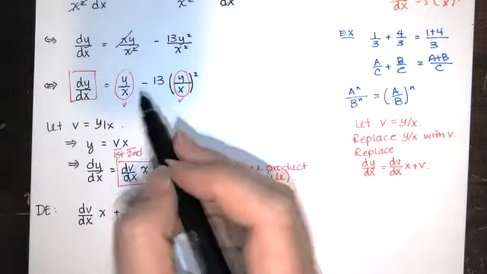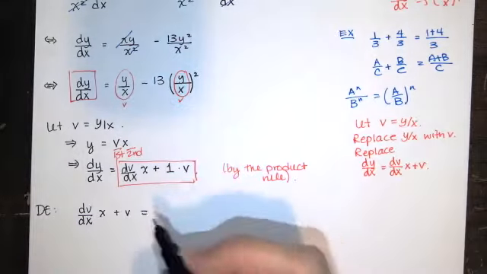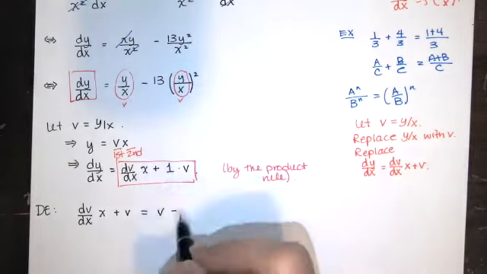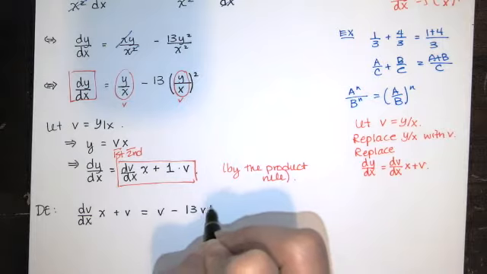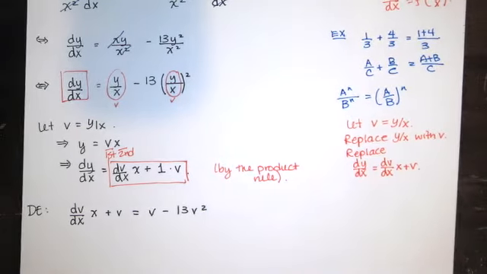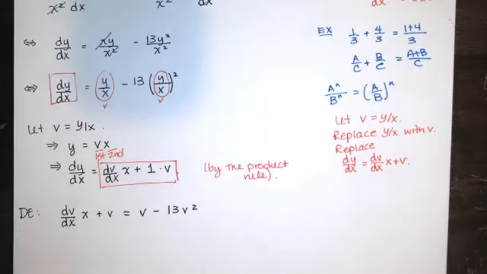And on the right-hand side, we're going to write that in terms of v only. So we have v minus 13 times v squared. And then we solve this separable differential equation.